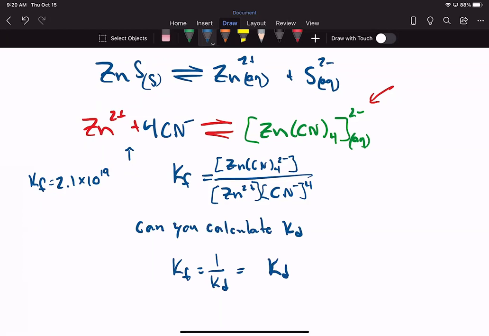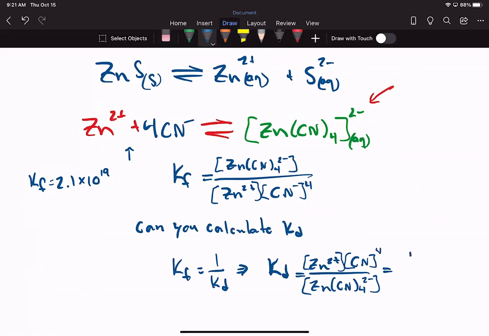Our KD would be flipped the other way around, where we're going to have zinc 2 plus, fourth here.